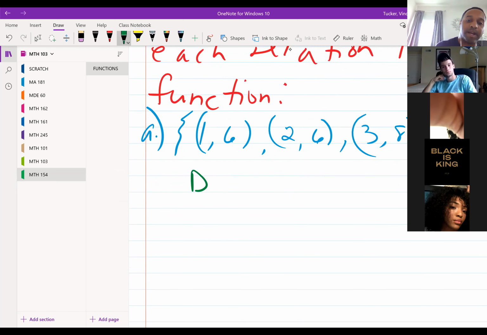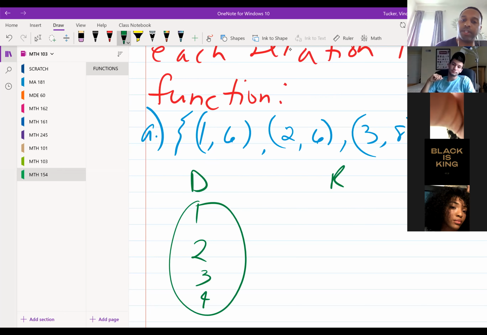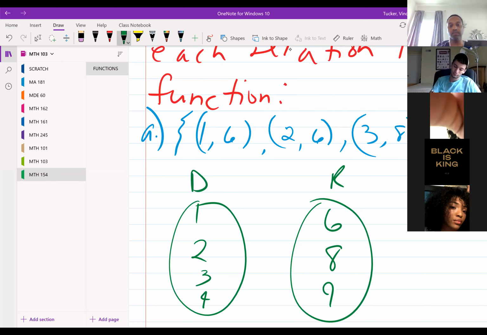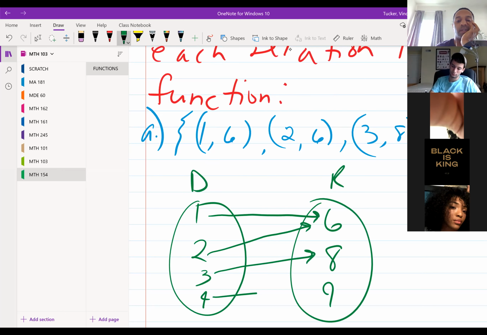So we can create a mapping to help us see it better. Our domain is 1, 2, 3, 4. Our range is 6, 8, 9. Now, in the domain, 1 goes to 6, 2 goes to 6, 3 goes to 8, 4 goes to 9.